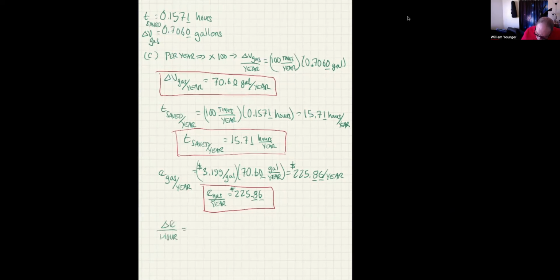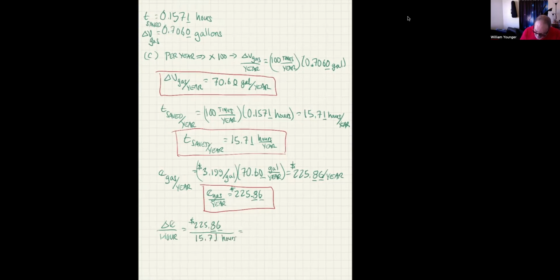So what we discovered was over that year, the cost was $225.86. Again, we should round that to 226 as far as significant figures go. But the only amount of time that it saved us was 15.71 hours. So I'm going to put 15.71 hours there.